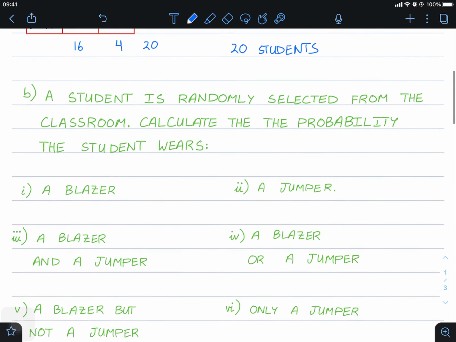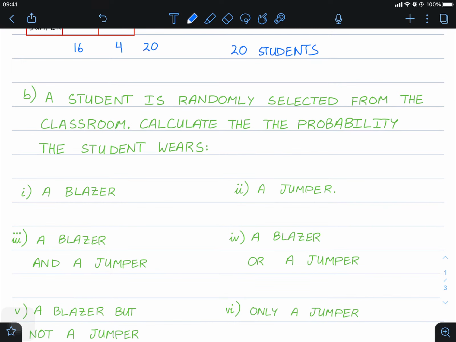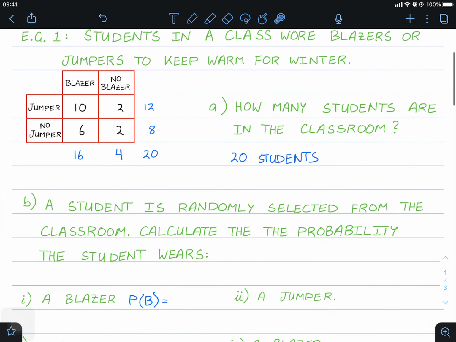So for this, we're looking for the probability of picking a person with a blazer. So we can say probability of blazer. So all we're looking for now is those who fit this description here.